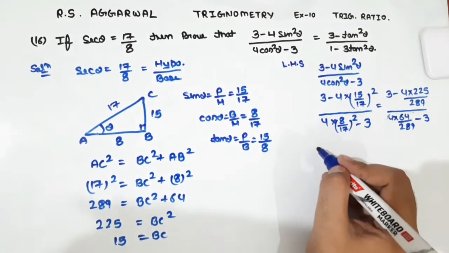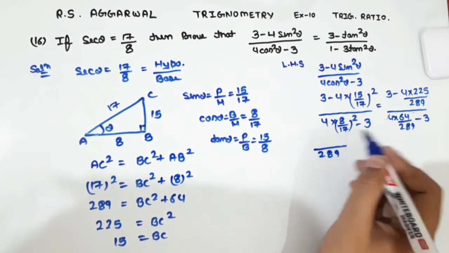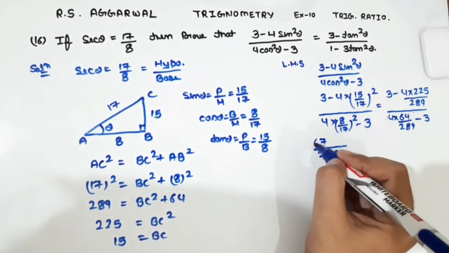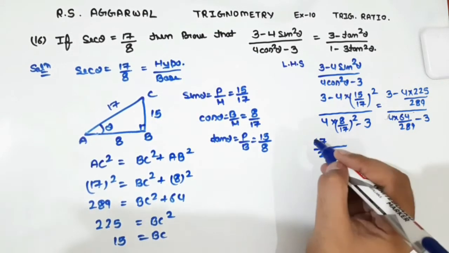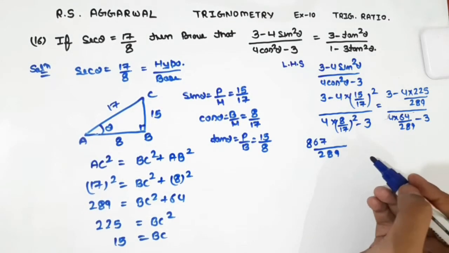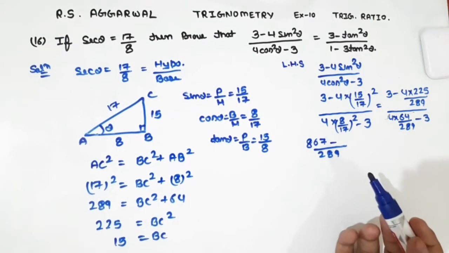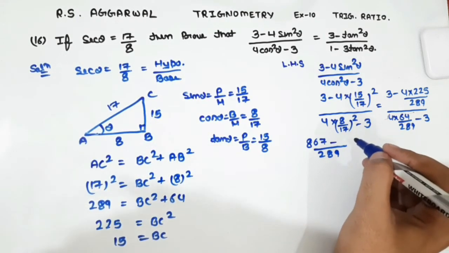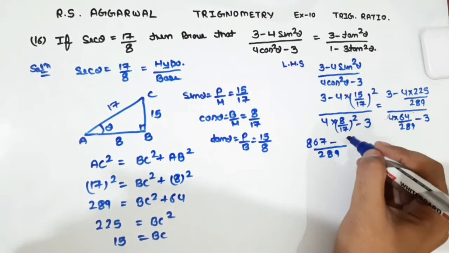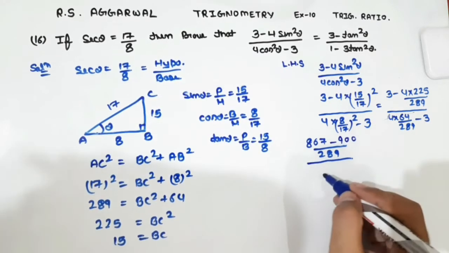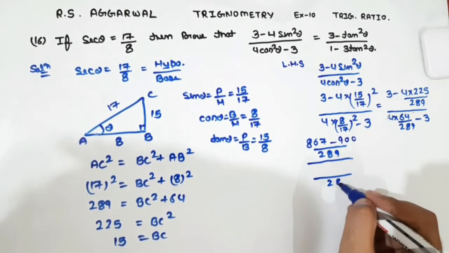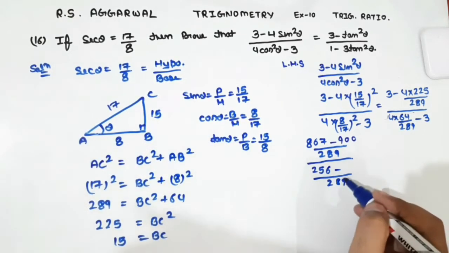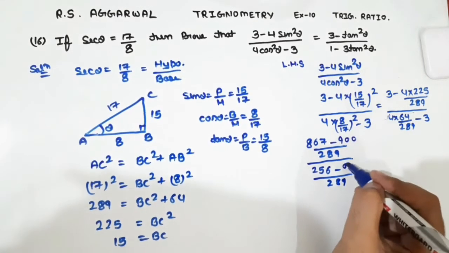So here our LCM will be 289. 3 into 289 is 867, minus 4 into 225, which is 900, upon 4 into 64, which is 256, minus 3 into 289, that is 867.